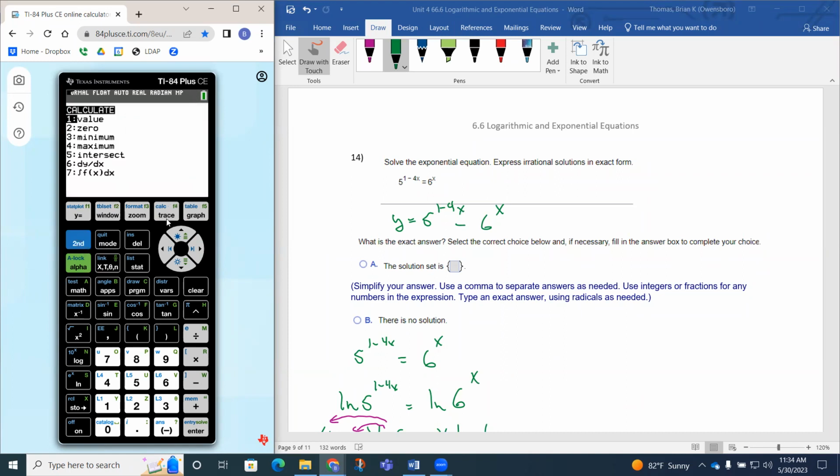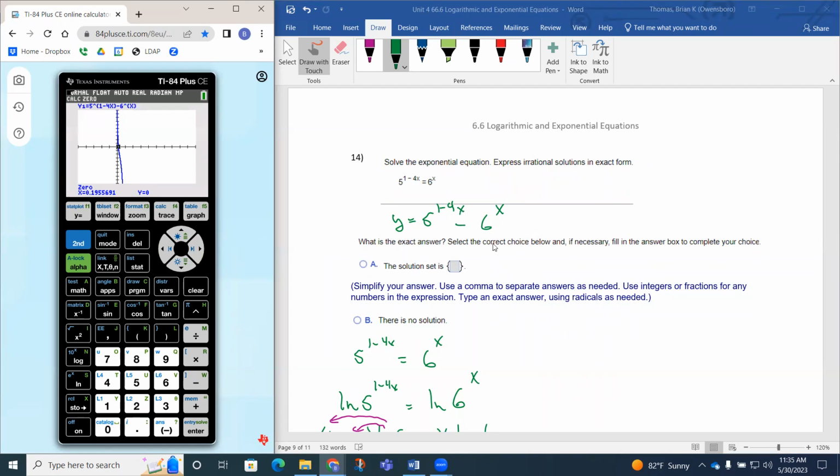So second calculate 0. So if I do my left bound, that looks pretty good. Hit enter. Go to my right bound. That looks good. Hit enter. Hit enter again. And notice that we did get this 0.1955. So 0.196 would be the estimation.